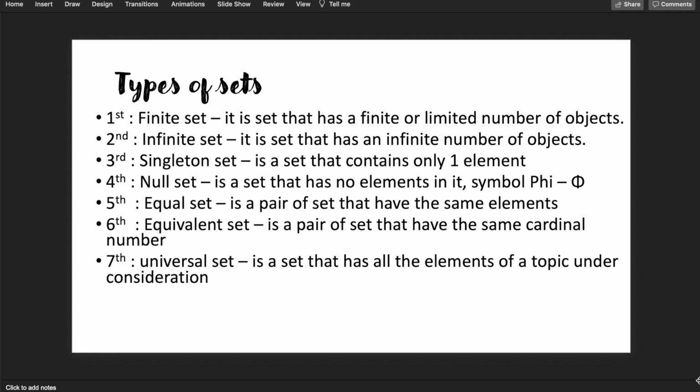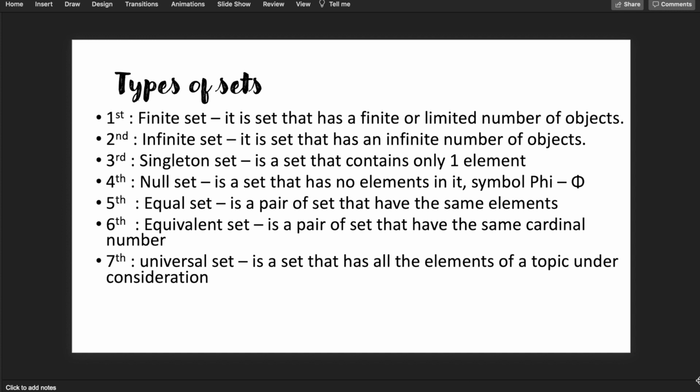And the fourth one has multiple names, plethora of names. So one of them is null set, the other is empty set, one more is void set. As the name suggests, it's a set that has no element in it, and the symbol is phi. Also, if you see a list that is something similar to what I'm gonna say, A equals curly brackets phi, that is not a null set.